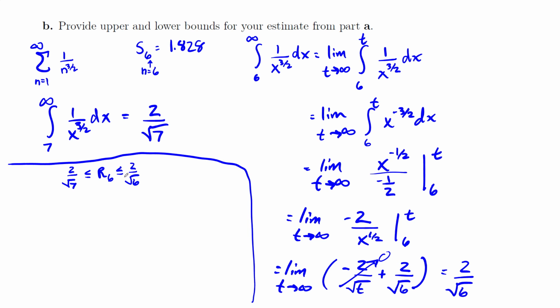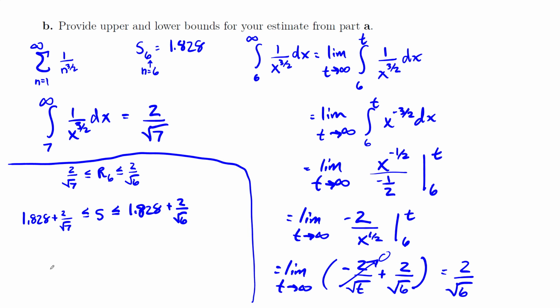And so then that also means that the true sum has got to be between 1.828 plus 2 over root 7, the remainder, and the partial sum 1.828 plus 2 over root 6.